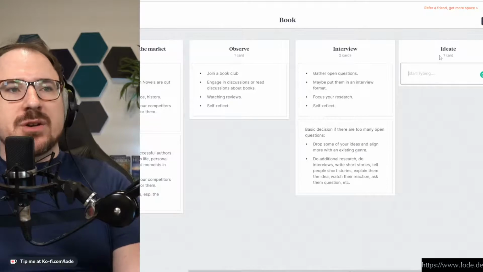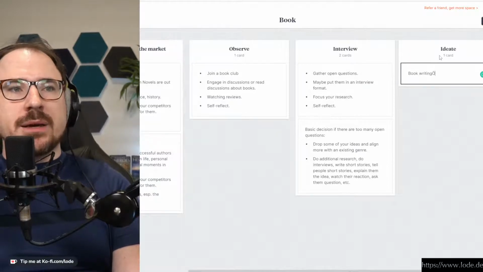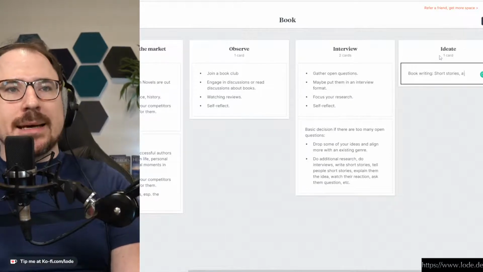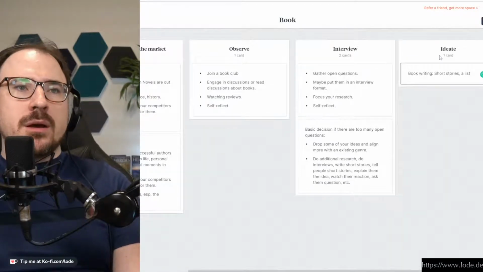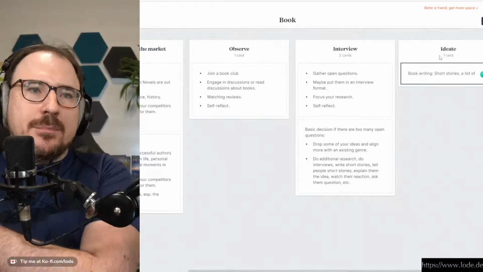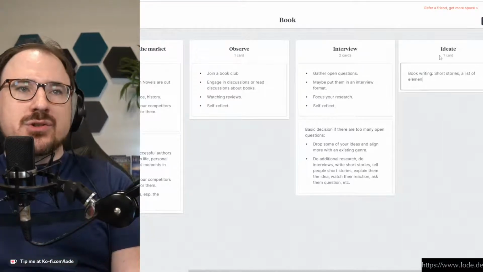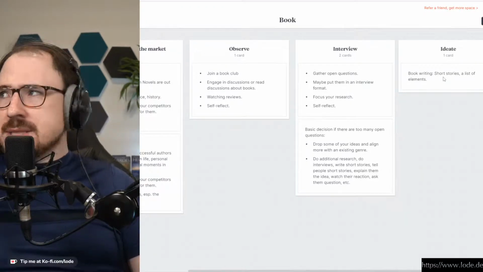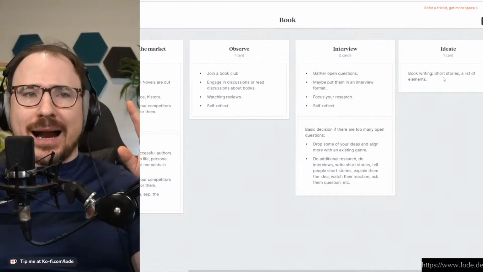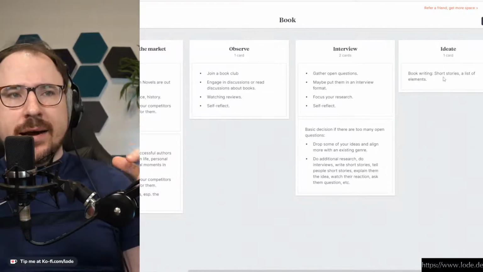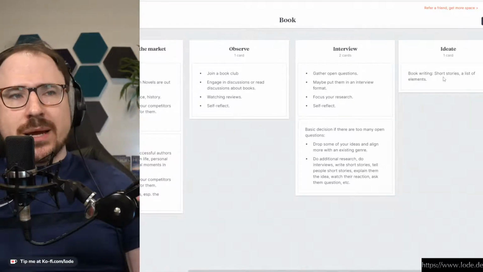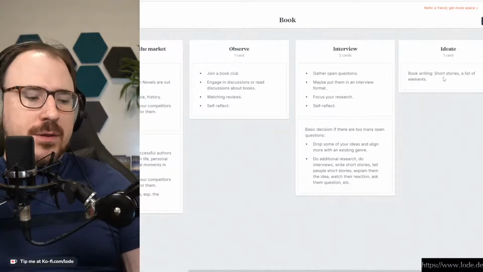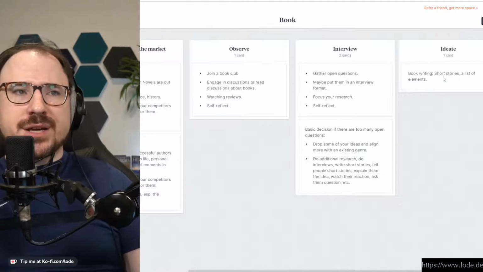Maybe in terms of book writing, that would be short stories, or it would be a list of elements. This is something I want to do in a separate workshop. There is a great set of cards that asks you 50 questions about the story you want to write or about the style of the book you're writing.